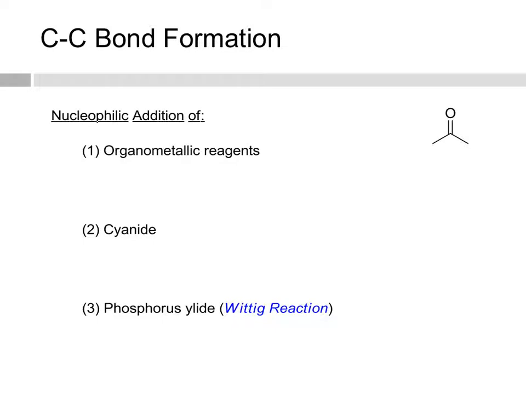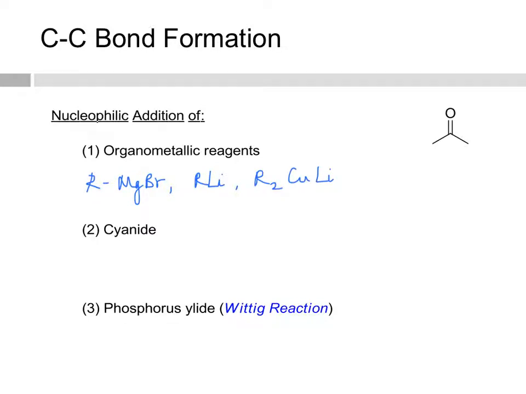Now we're going to focus on nucleophilic addition reactions of aldehydes and ketones, in particular carbon-carbon bond-forming reactions. We've already looked at organometallic reagents such as Grignards, organolithiums, and Gilman reagents.